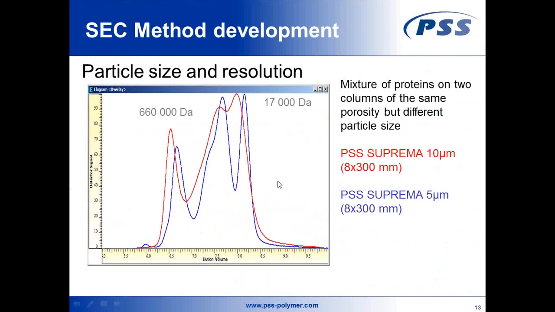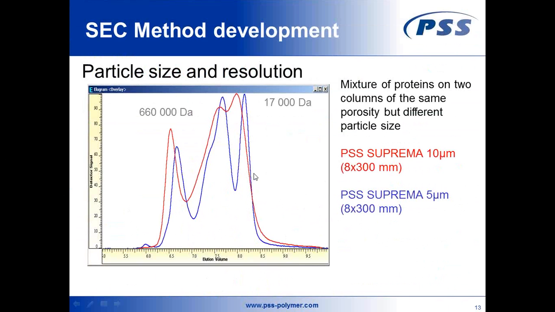What we have compared here is a mixture of various proteins. As you can see on the red allogram, the protein mixture was measured on a 10 micrometer particle size Suprema column, and the same protein mixture was also measured on a 5 micrometer particle size Suprema column.